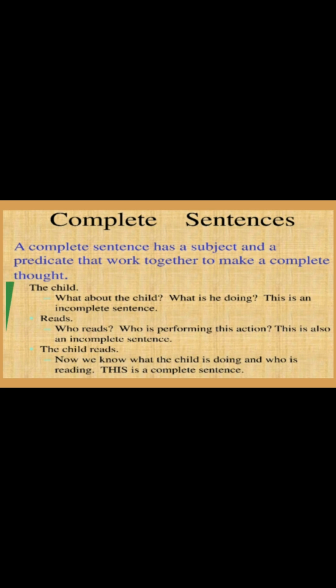Reads. Who reads? Who is performing this action? This is also an incomplete sentence. The child reads. Now we know what the child is doing and who is reading. This is a complete sentence. The child reads. Here we are finding a complete sentence.